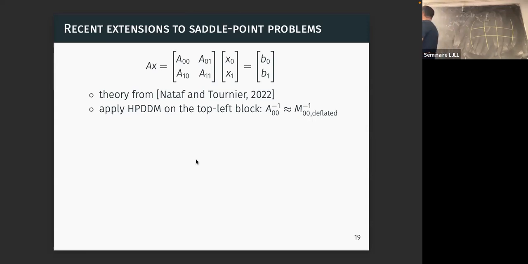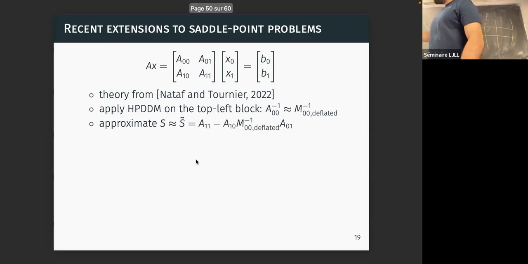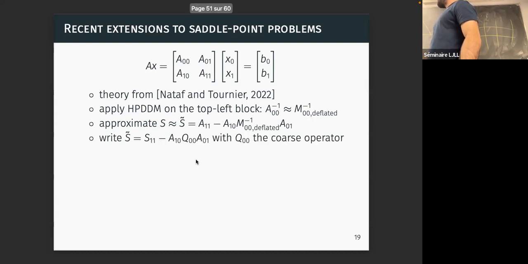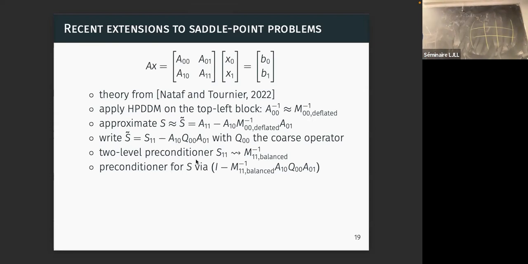And so in practice, I won't go too much into the detail, but the idea is to first define the preconditioner for the A00 block. So this is usually easy because the block is usually symmetric positive definite. So everything that I've presented so far applies to the A00 block. And then we can do a sequence of approximation such that in the end we have a preconditioner for the Schur complement. Okay. I will skip all this, but if you want more details, you can look at the paper.